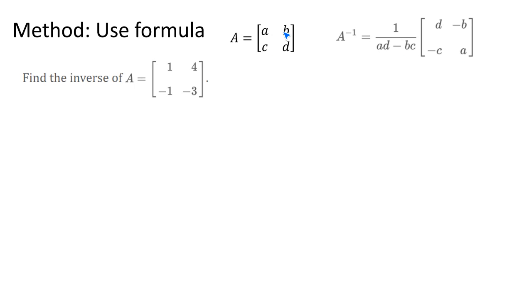So if this is positive, then we're going to make it negative. And the same for this, it's positive, we make it negative. Okay, so let's see how it works.